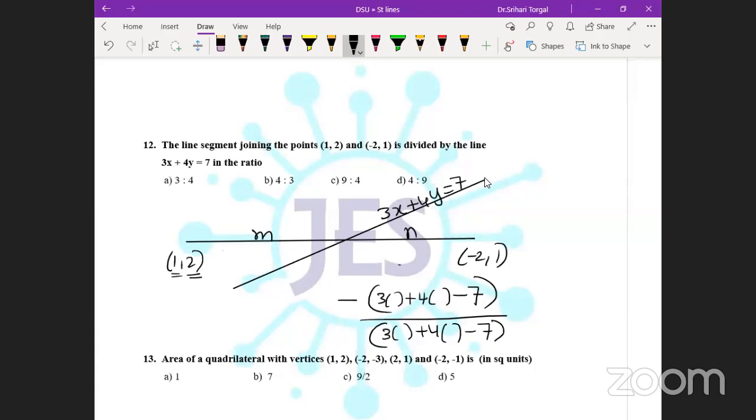You need to substitute the first point only. And here the second point. Now, minus 8. This is 3. 11 minus 7. 4. Divided by minus 6 plus 4. Minus 2. Minus 2 minus 9. Answer is 4:9.